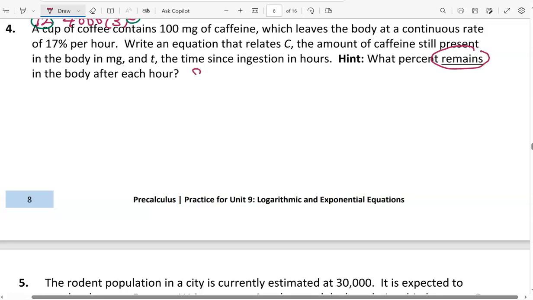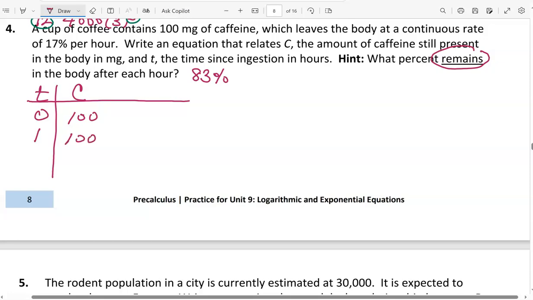And the answer to that would be 83%, the portion that did not leave. So that means that when t is equal to 0, the amount of caffeine is initially 100, and then at t equals 1 hour, 83% is left.